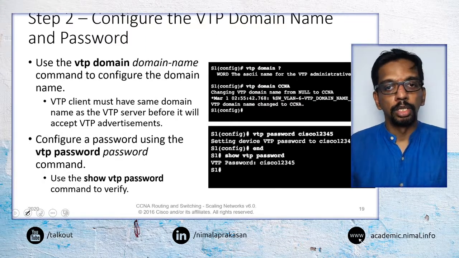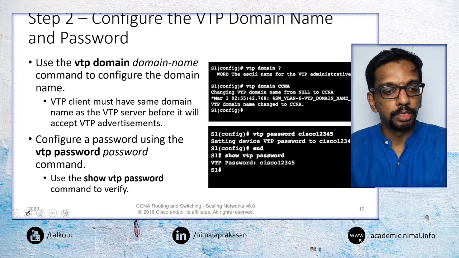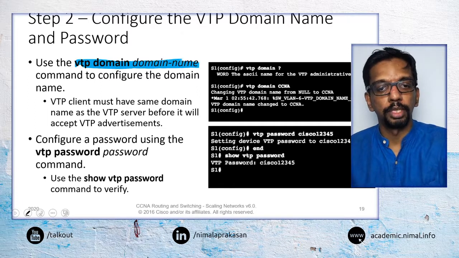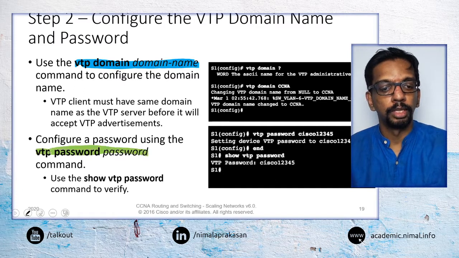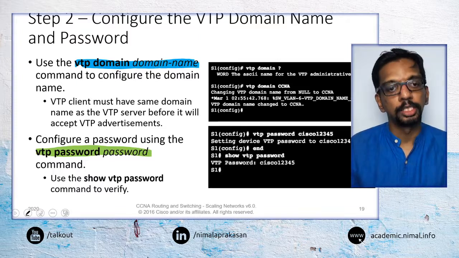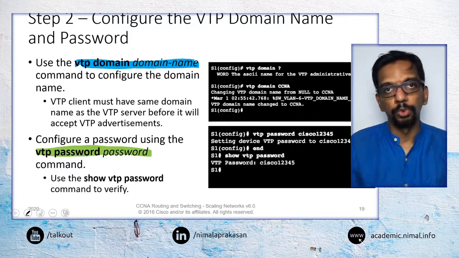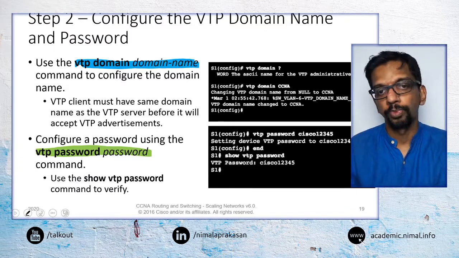On the VTP server, we would also specify the VTP domain name and the VTP password. That would identify the specific VTP domain we are configuring, which the switches would belong to, and we would specify the password there as well.